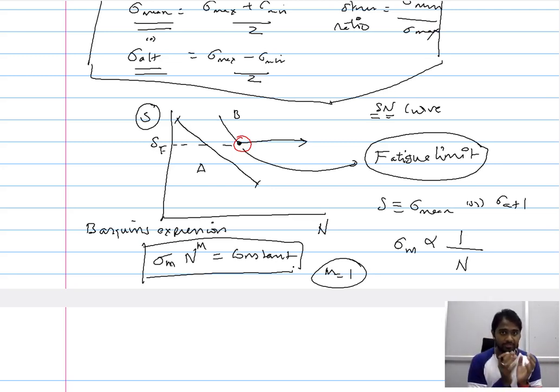The creep behavior, that is the time dependent strain of the material under a constant mechanical condition, is more pronounced, more dominant at high temperature, and that is the reason why we study the creep behavior for high temperature materials.